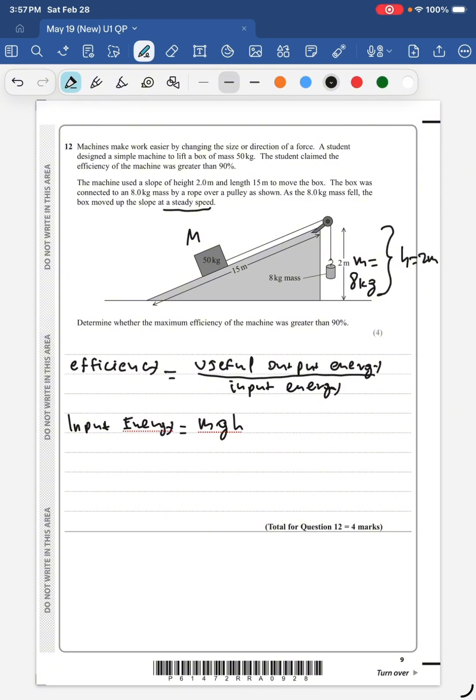Okay, now there is a complication here. So remember that the useful energy is whatever this component of the force is, we will see, times 2 meters, because if the small mass falls for 2 meters, then the big mass will go up by 2 meters. So actually we have to do some work here to figure out what's going on.